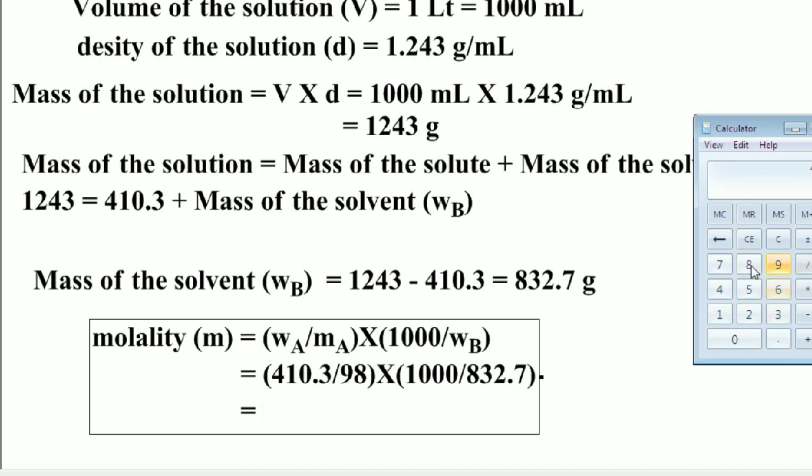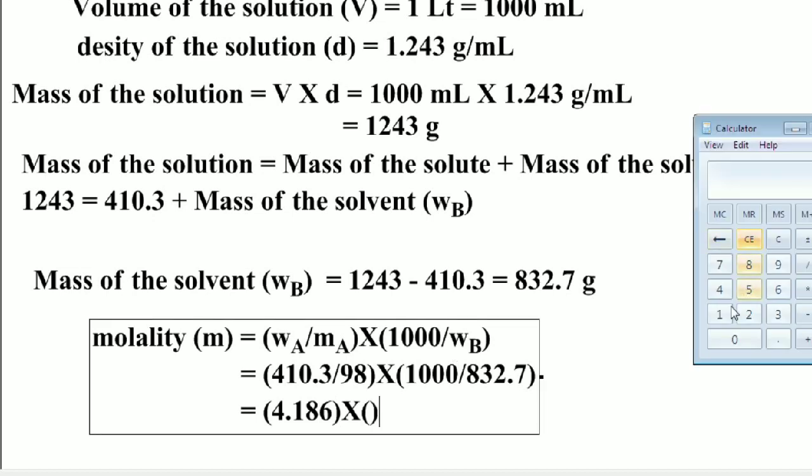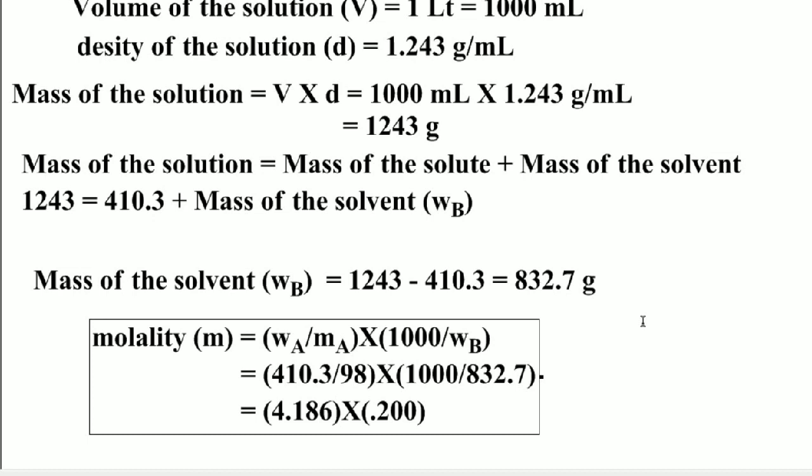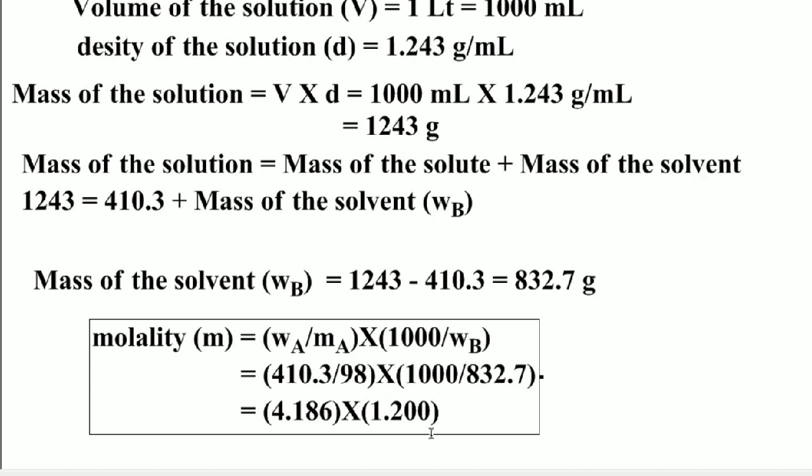On simplification, 410.3 divided by 98 is equal to 4.186. Then 1000 divided by 832.7 equals 1.200. So 1.200 into 4.186 is equal to 5.027.